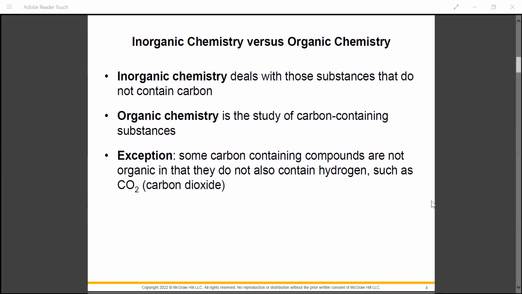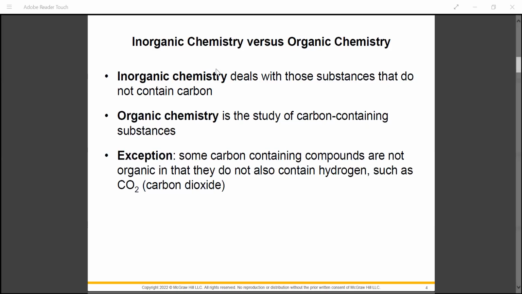Okay, we're going to move on to inorganic versus organic. And so really the big distinction between inorganic and organic is the presence of carbon. So something that is inorganic or inorganic chemistry is going to deal with substances that do not contain carbon. So vice versa, our organic chemistry is going to be carbon-containing substances.